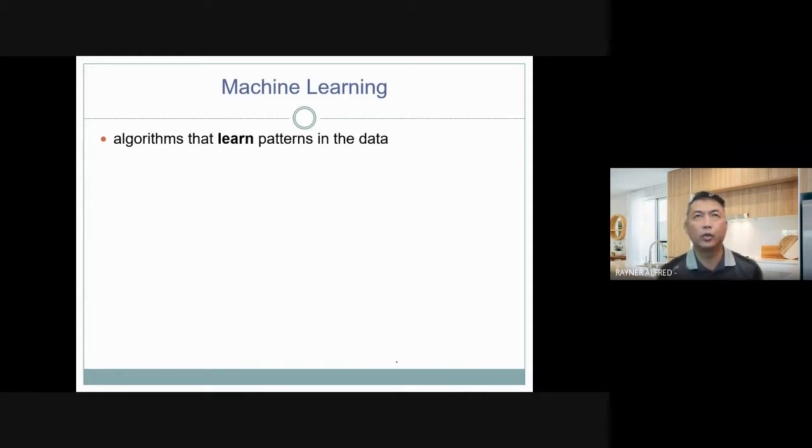They are divided into supervised tasks, unsupervised tasks, and also semi-supervised. Machine learning is an algorithm that learns patterns in the data. We train the algorithm: if you see this pattern, this is class A; if you see this pattern, this is class B. So basically, we are training the machine learning algorithm.